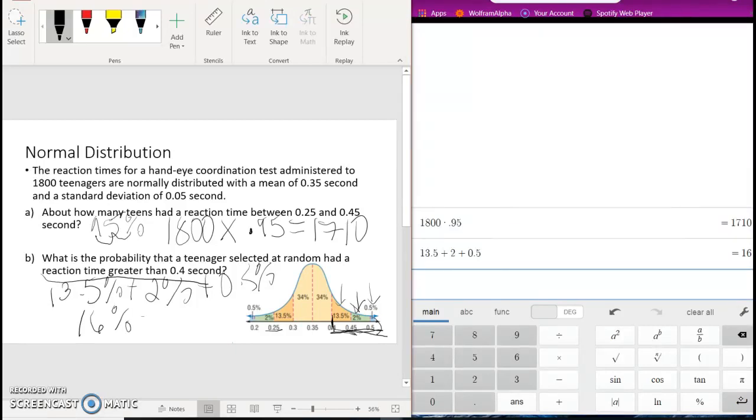Now we know if we use decimal form, that is also 0.16. The probability of selecting a teenager at random that has a reaction time greater than 0.4 is 16%.